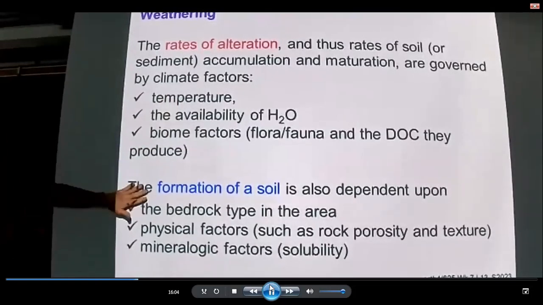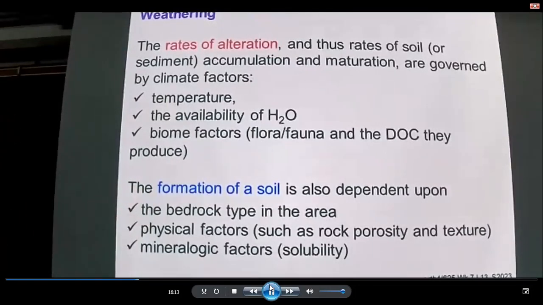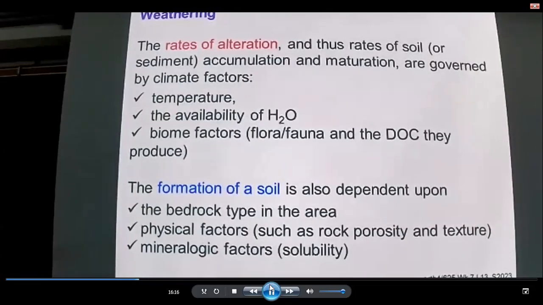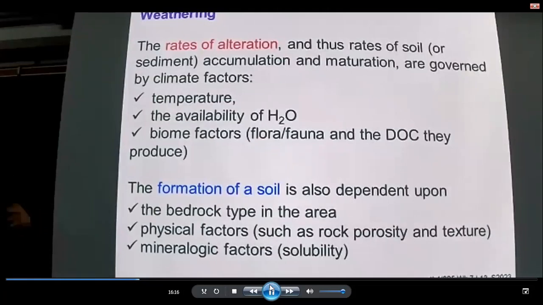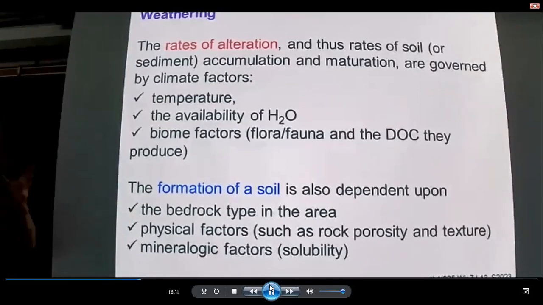What is the nature of the porosity and the fracturing of the rock? And what are the physical minerals in the rocks? Because as we will see in a moment, certain minerals break down more quickly and more substantively than others, leading to changes in the rock substrate that can allow it to subsequently break down even more as alteration and weathering continues.